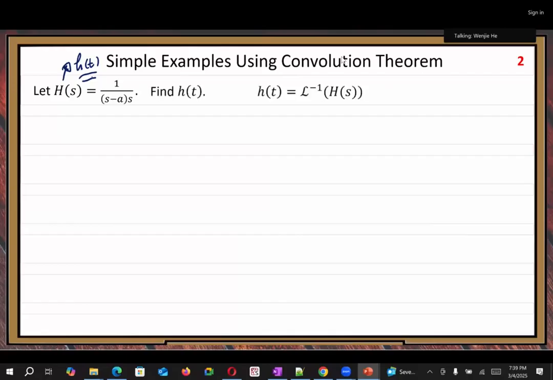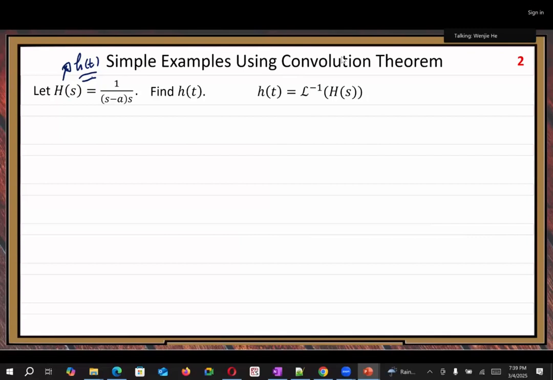To take the inverse Laplace transform, you see the denominator is a product of two factors, right? So remember the split. I ask you to get used to how to split a fraction whose denominator is a product of two factors.